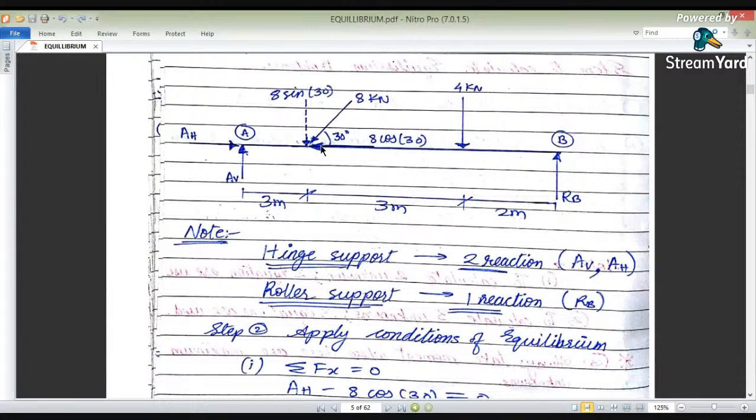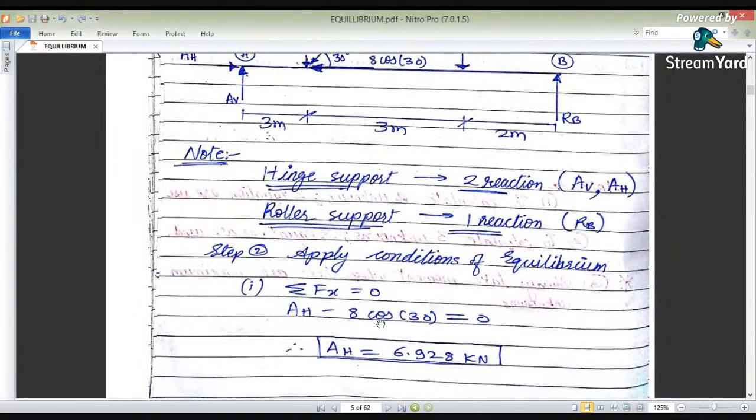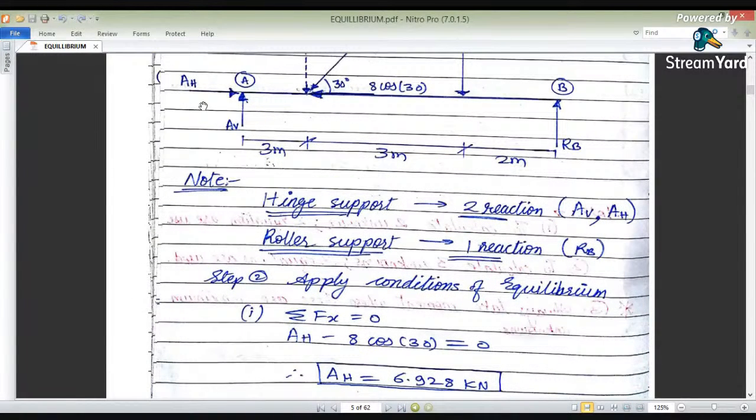So that is AH minus 8 cos 30 equals 0. That means the AH value, from a simple multiplication, comes to be 6.928 kilonewtons. So in this way we have calculated the horizontal force.